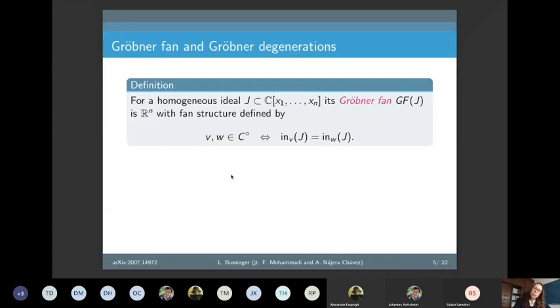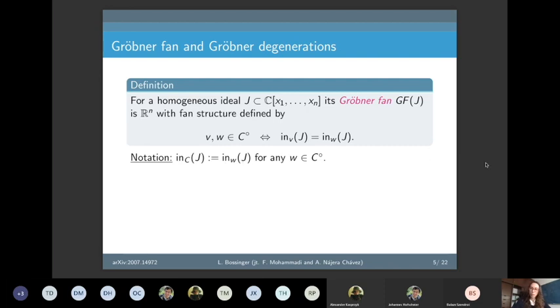I will denote this as v and w lie in C circ. This little circle just denotes the open cone. And with this definition, I can adopt the notation and talk about the initial ideal with respect to a cone rather than some specific element, and that's defined as the initial ideal with respect to an element of the relative interior of this cone.